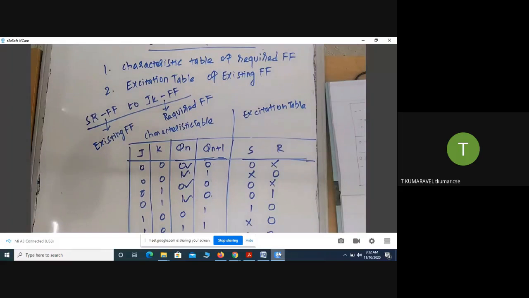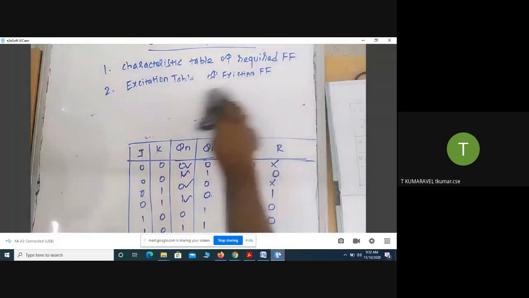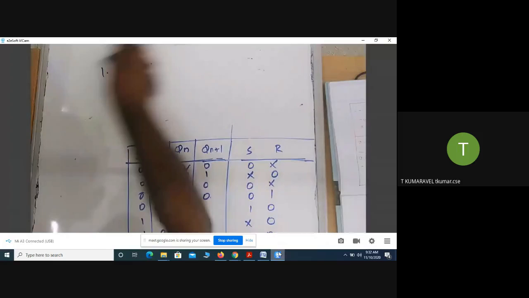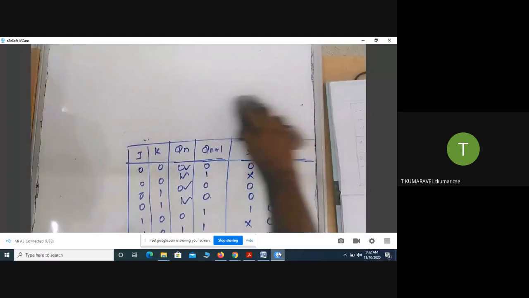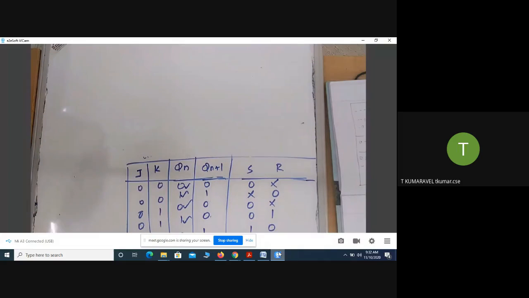Next procedure, we are going to form the Boolean expression for S and R, otherwise called the logic expression.